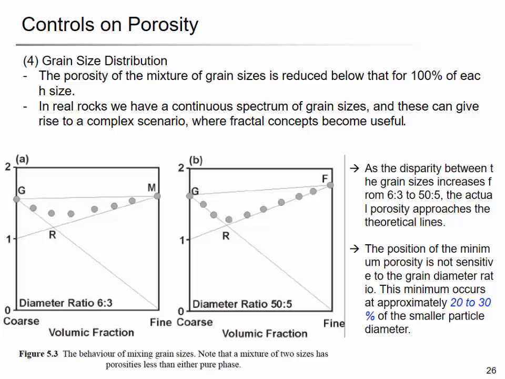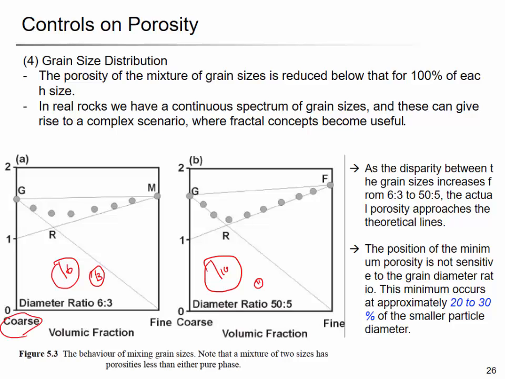When the diameter ratio is 2 to 1, so you have 6 and 3 diameter, and here 50 to 5, so 1 to 10, 10 and 1. And this is the volume fraction. Here the x-axis is the volume fraction.